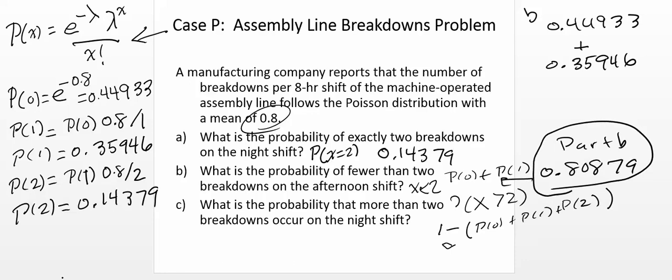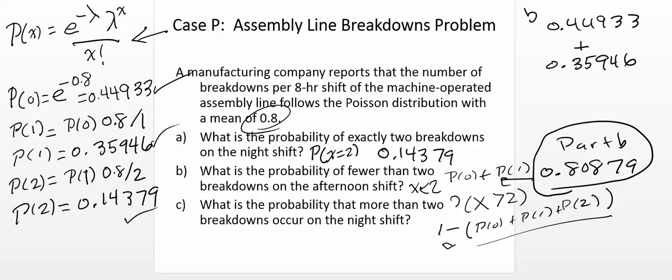Lastly, we have part C, and in part C we need to apply this formula. So we need to add up three numbers: 0.44933, 0.35946, and 0.14379.